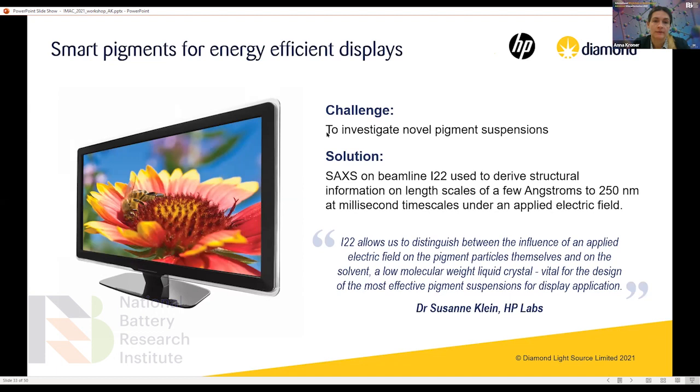They wanted a technique with which they could study the suspension and also perform very fast measurements. So SAXS seemed like the best technique to help them obtain this information. And once the experiment was complete, the customers had enough information to choose the suitable product for further development.